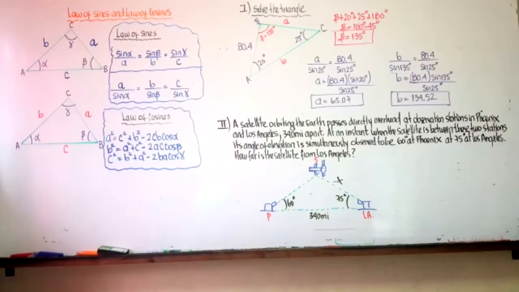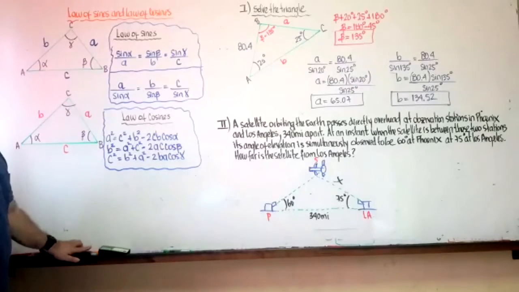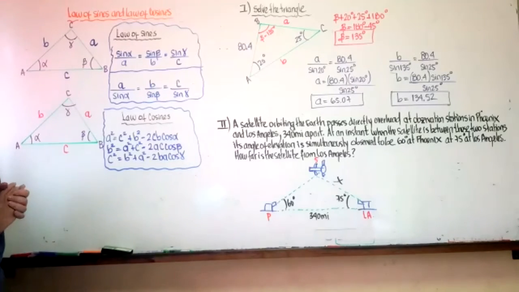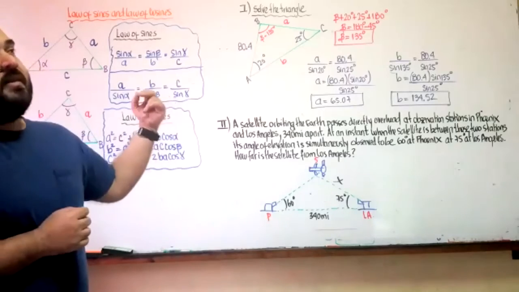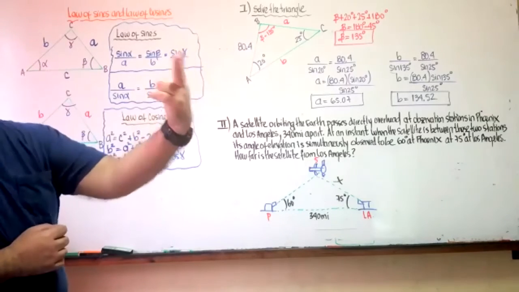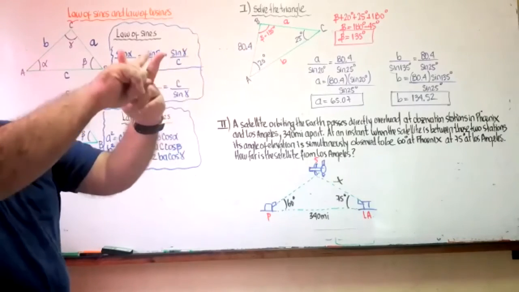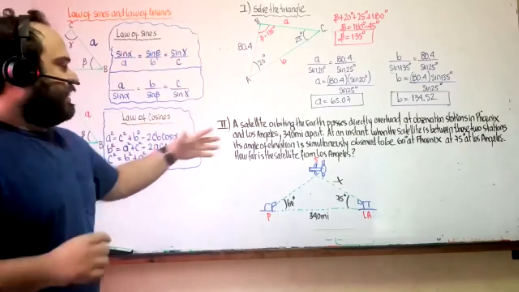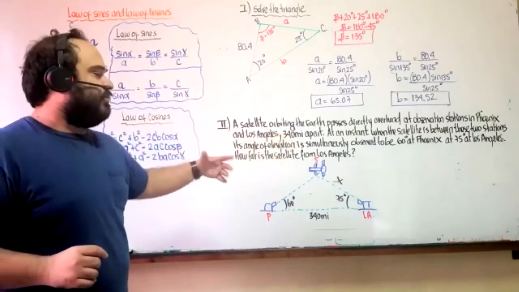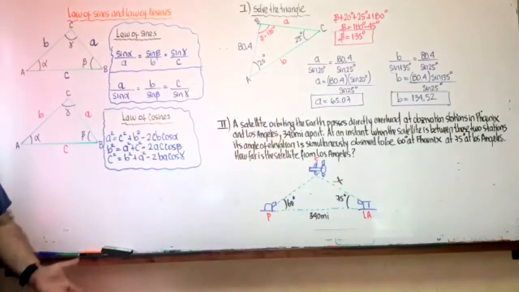As you can see, we know two angles, and we don't know one side. So there's no way we can use the law of cosines, right? Because to use the law of cosines, the triangle must be side-angle-side, with the angle in between two sides, or we must have the three sides. We don't know any such angle, so this is not the case.